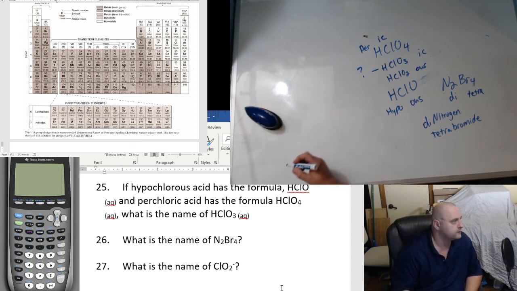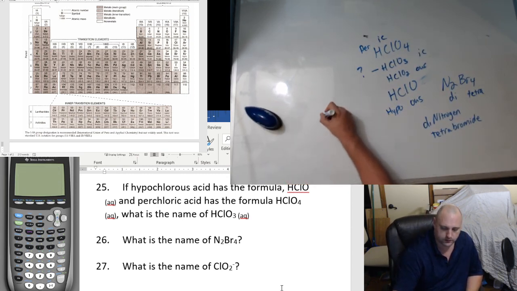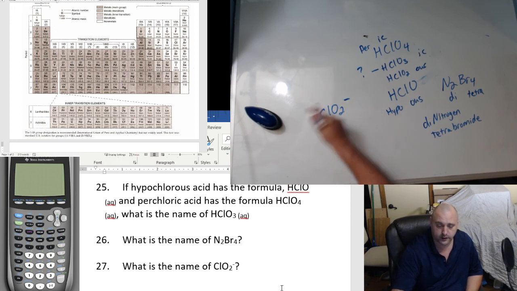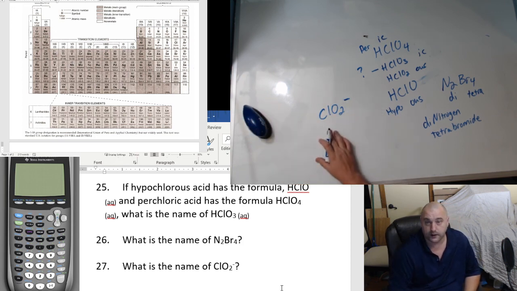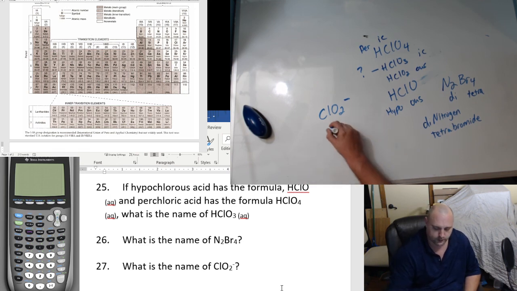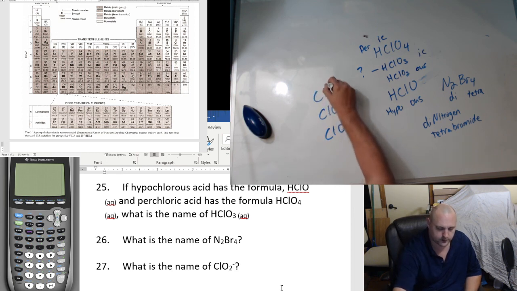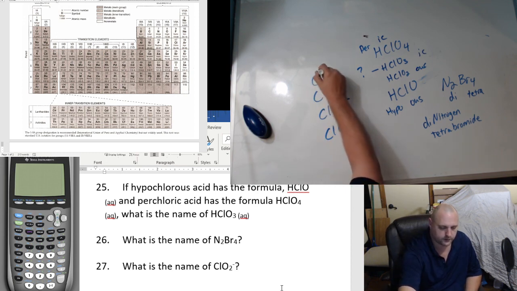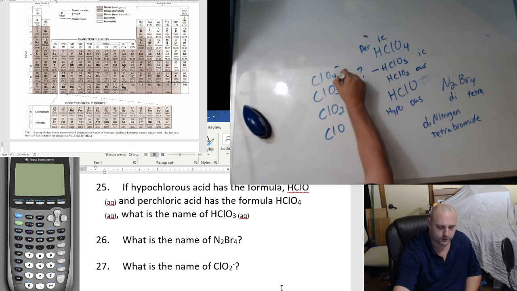What is ClO2, and it has a negative charge? Now this one's a tough one, right? The reason it's tough is there's a ClO and there's a ClO3 and a ClO4, and they're all negative ones.